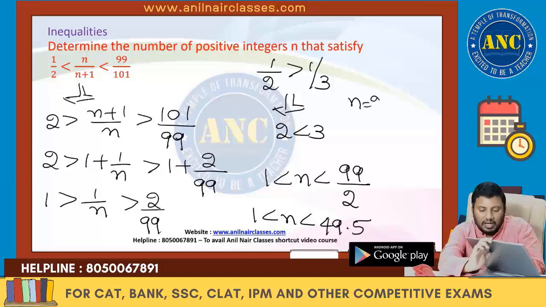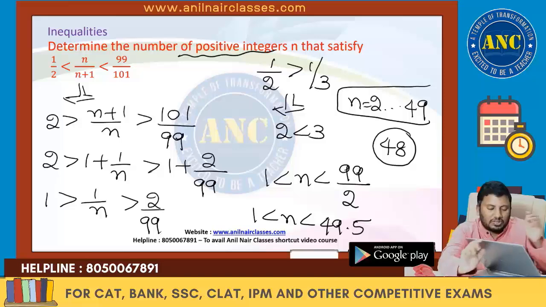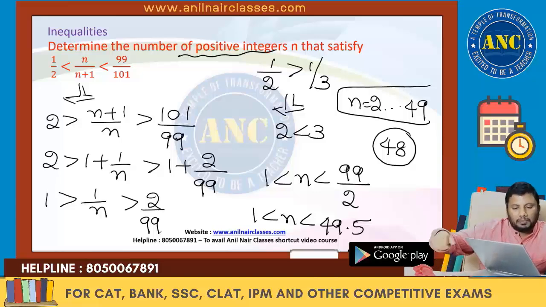So n will range over any value from 2 to 49. I want positive integers: 49 minus 2 plus 1. There are 48 positive integers which will satisfy this question.